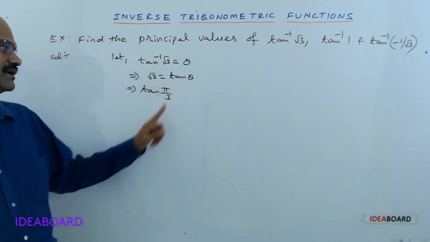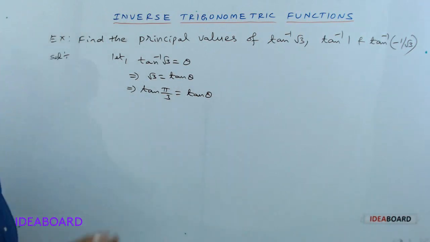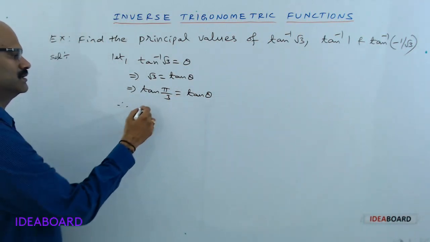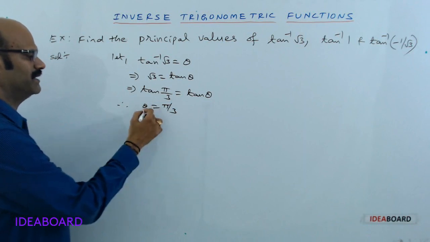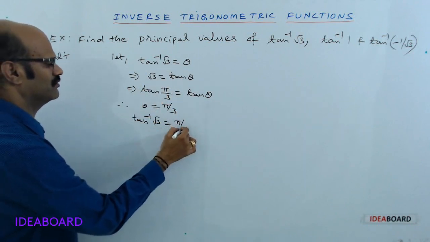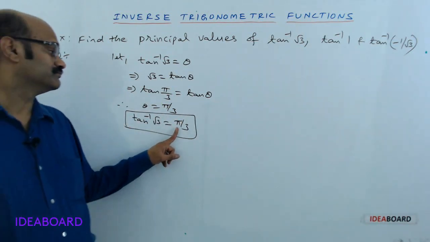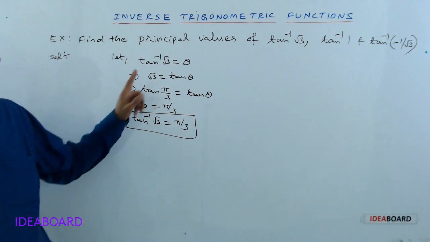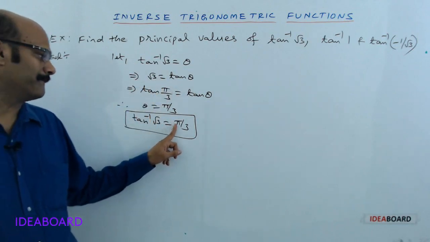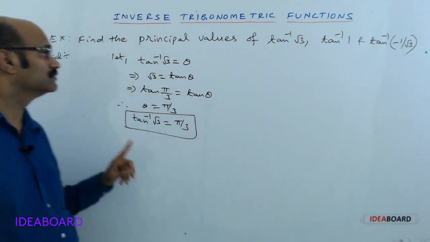Tan 60 equal to root 3 equal to tan theta. Therefore, theta equal to pi by 3. So tan inverse of root 3 equal to pi by 3. It lies between minus pi by 2 and plus pi by 2.